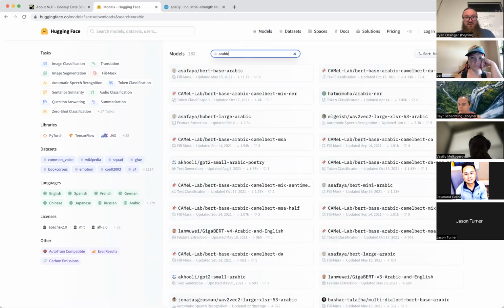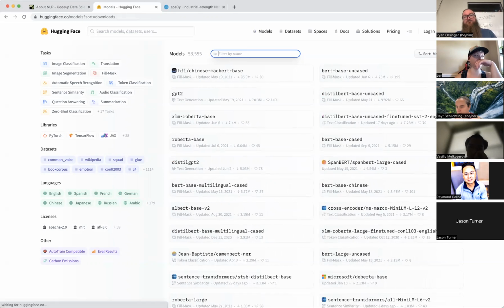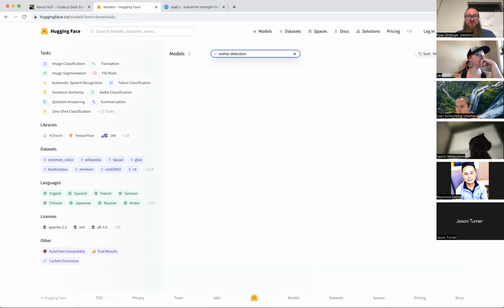Yeah, almost a couple hundred Arabic models. We could plug in Greek, almost 200 Greek models. If we wanted to do author detection, they've got to work on their own search here with NLP projects, because there's probably some author detection in there somewhere.